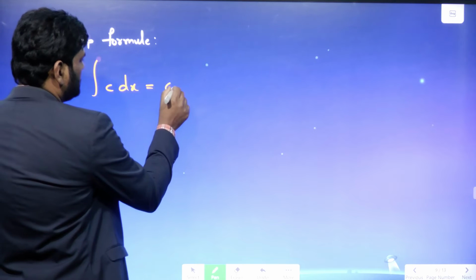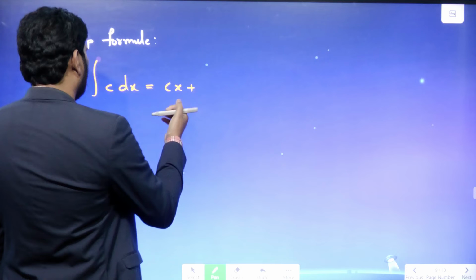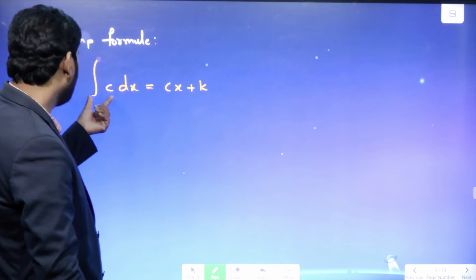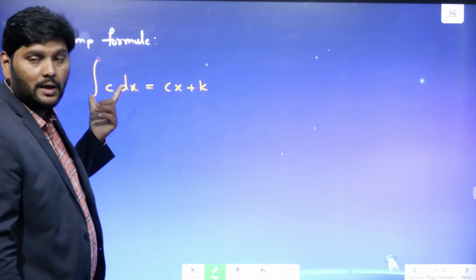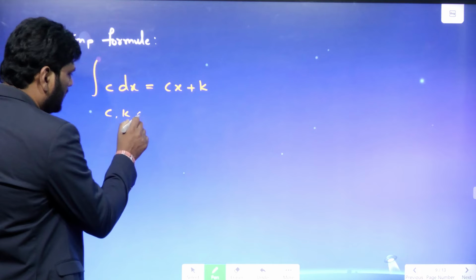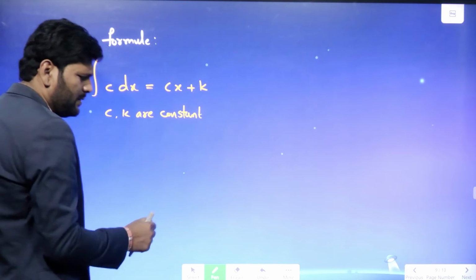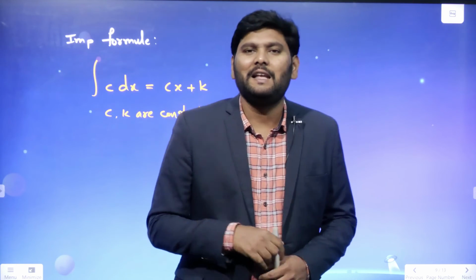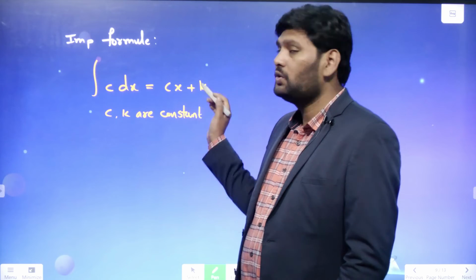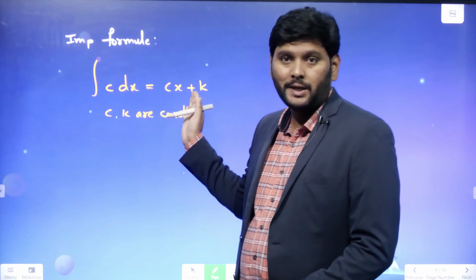The value is Cx plus k, where C and k are constants, because I am not taking any limits here, so you must add a constant. So integration of a constant C is C into x plus k. When you are taking limits, there is no need to take this k.